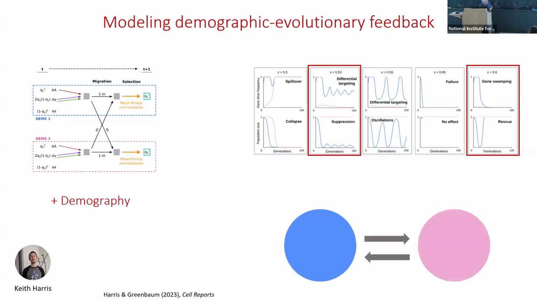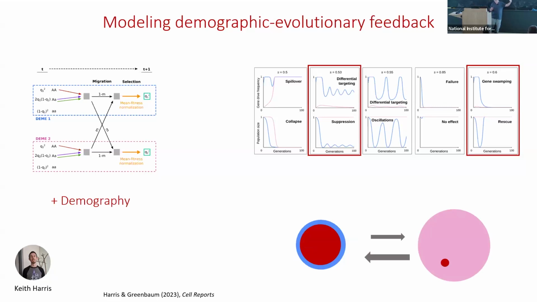What happens here is that if you release the gene drive into the target population, it starts spreading in the target population. It's differential targeting, so it's also a bit in the non-target population. But now the population starts to crash because the gene drive spreads. As the population crashes, there are fewer migrants moving out, and the effect of the migrants coming in from the larger population can reverse the direction of the gene drive. The gene drive frequency can go down because proportionally more wild types are coming in.